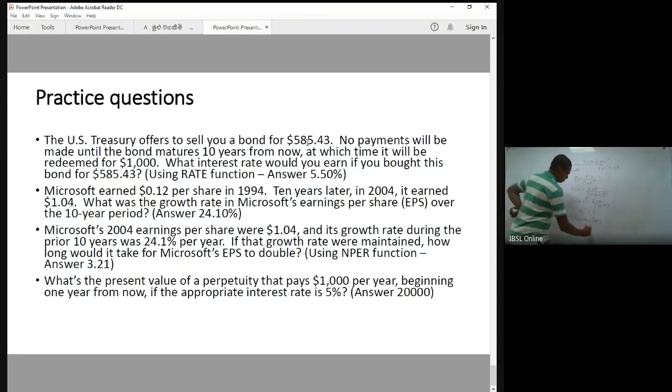So n is the logarithm of 2 over the logarithm of 1.241.